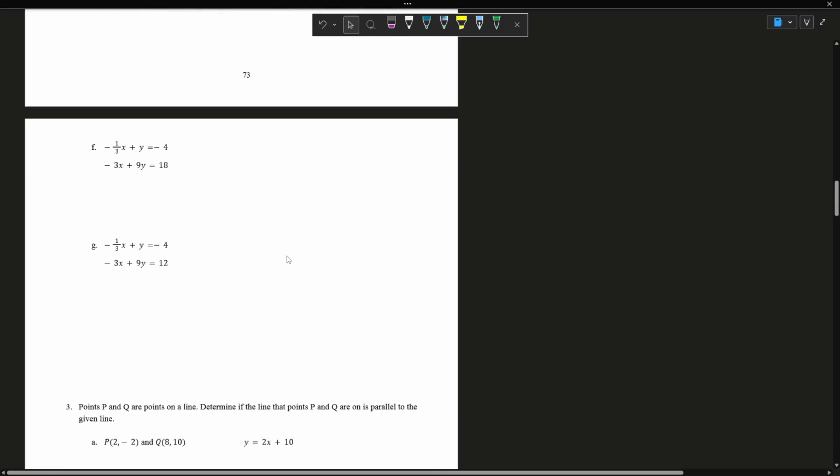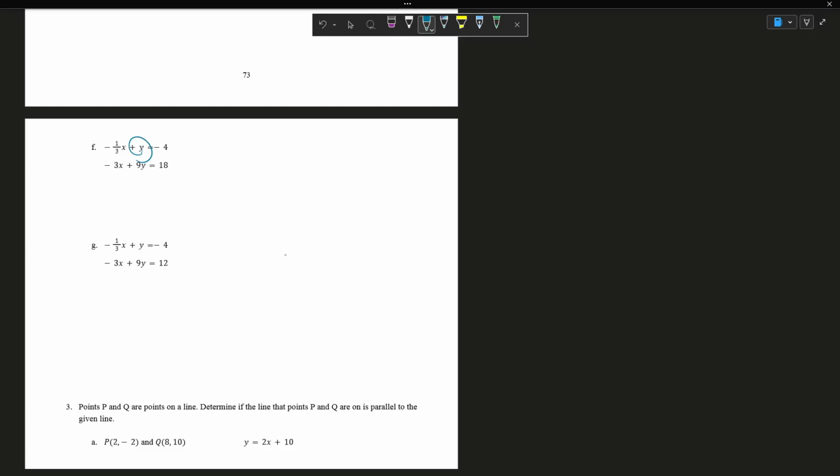And now f and g, we now need to convert. Standard form does not have an m, it just has a, b, and c. I prefer to move it to slope-intercept form because I just really like that form. You could convert it to point-slope form if you want to. But how we do that, slope-intercept form, you see that we need to get y by itself.